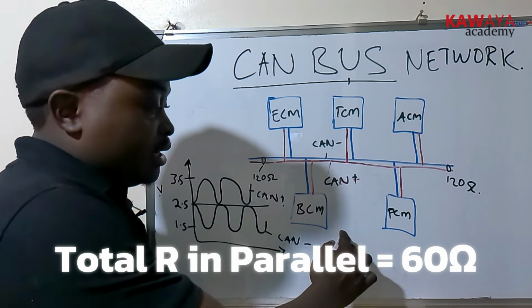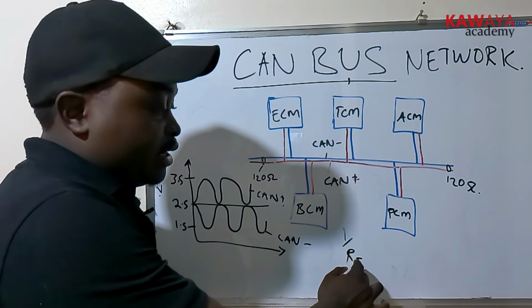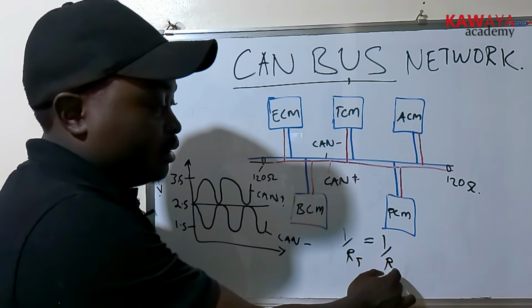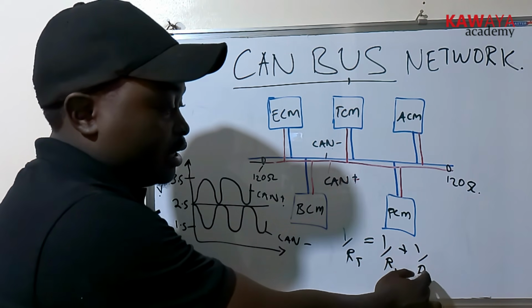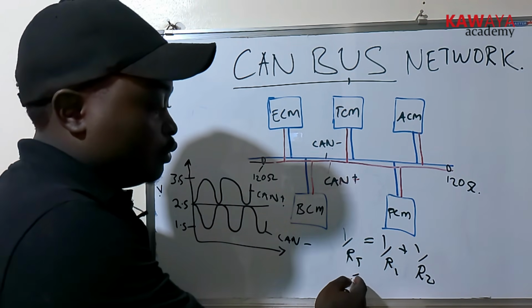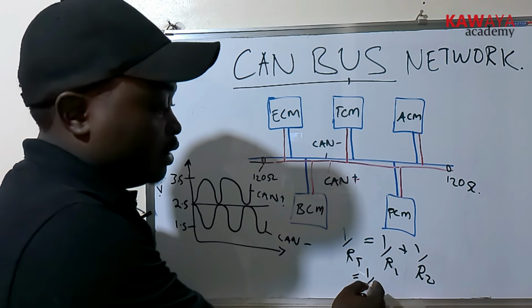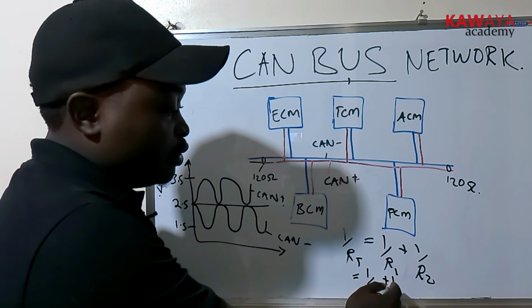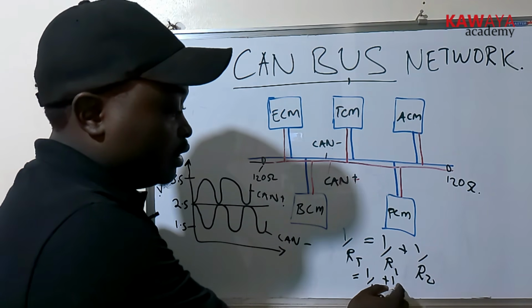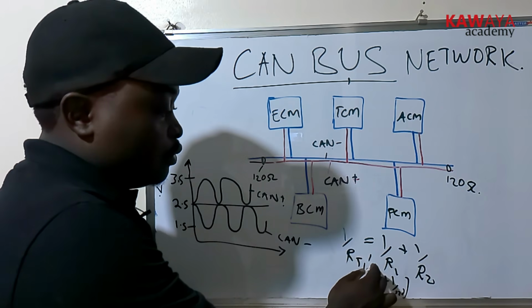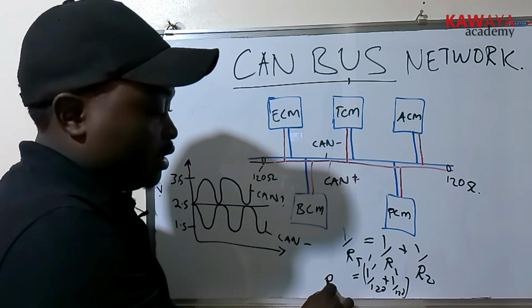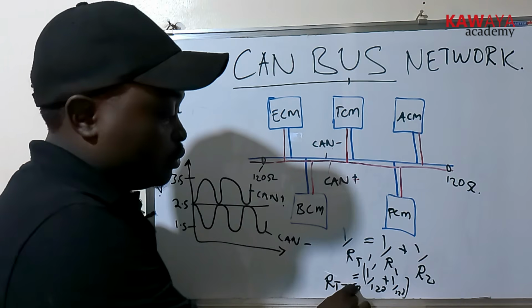If you use the formula, 1 over R total is 1 over R1 plus 1 over R2, so 1 over 120 plus 1 over 120, then 1 over all of this, your total resistance will be 60 ohms.